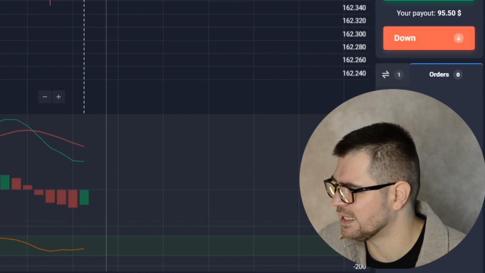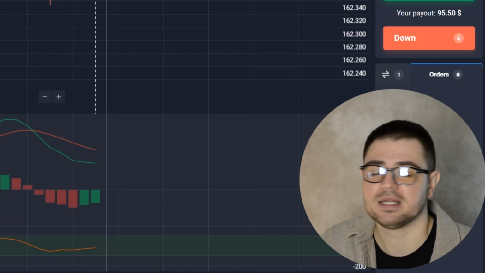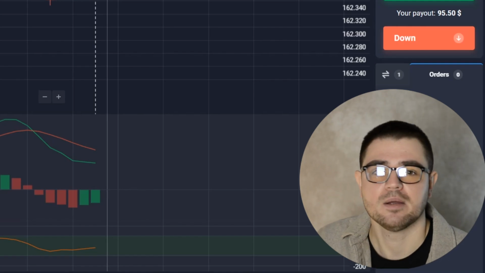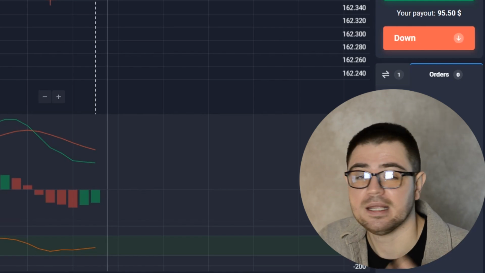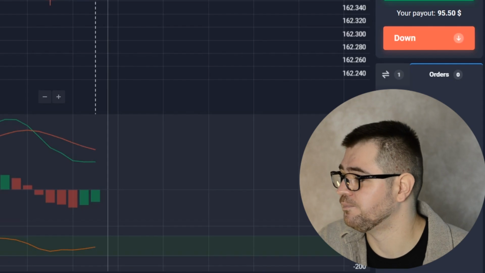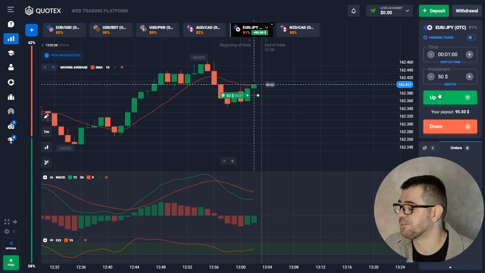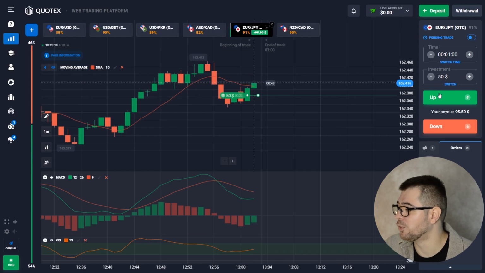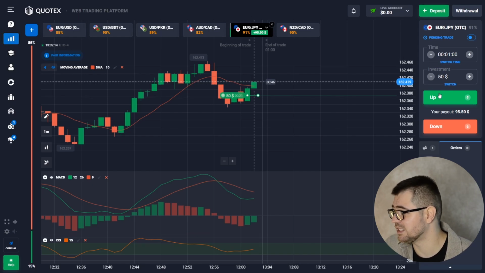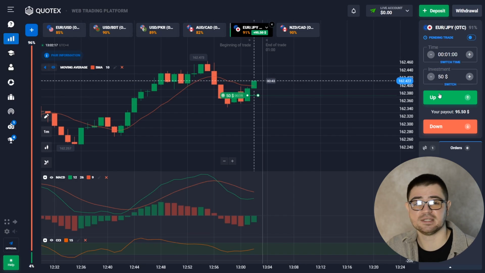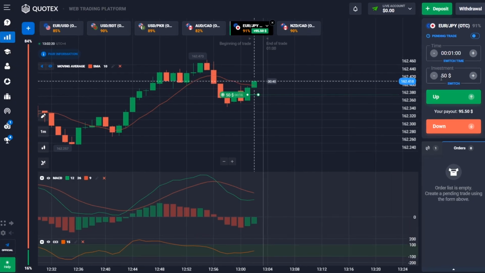When we're collecting below the resistance point, it's a good indication that the price might break through because it's just collecting power, collecting bullish mood. So we'll see. It is good so far, but let's wait for the result of this.